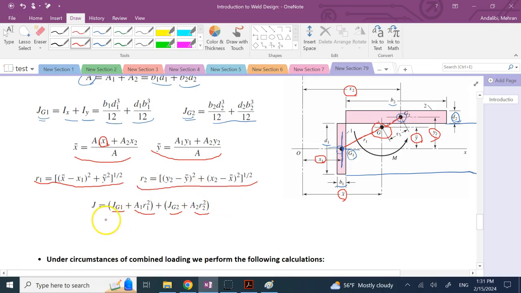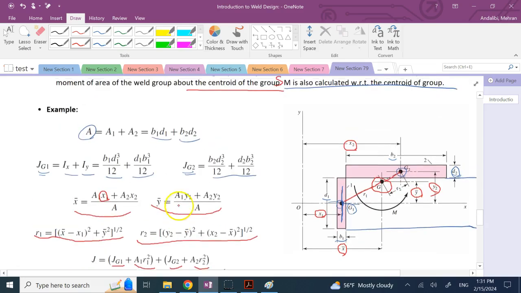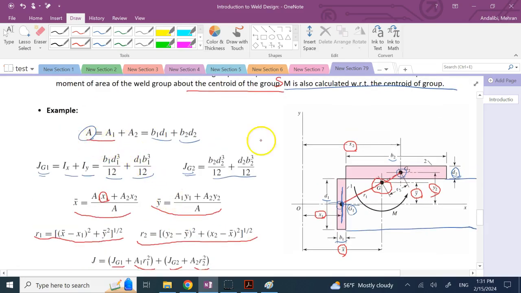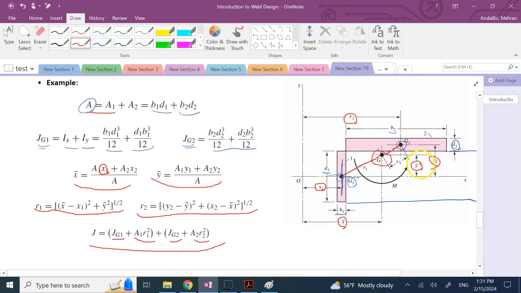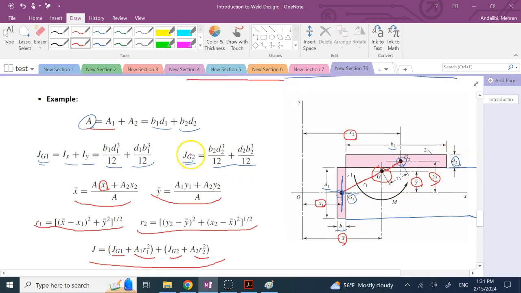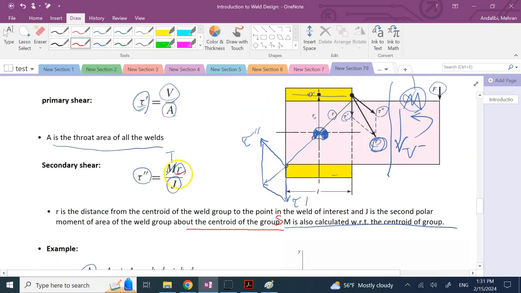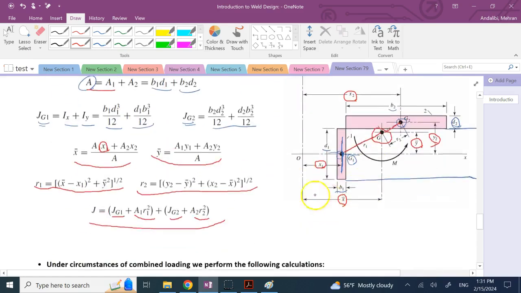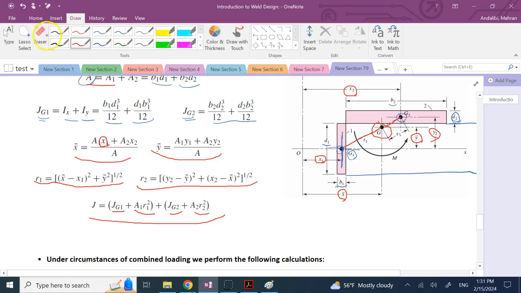R1 and R2, and you can plug them in and find the total J, and you have total A. And of course, again, you have to see which point has the largest max value for this R times J and M. So you have to look at the corners here. Typically, the largest stresses happen at these corners. So you come to this corner, you come to this corner, you come to this corner, and this corner.